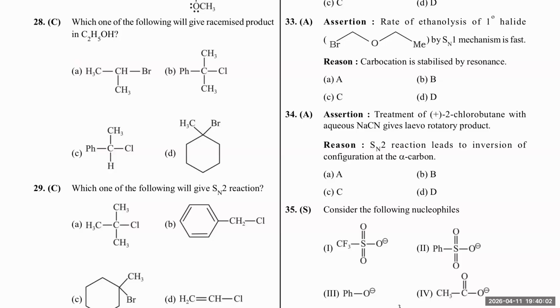So out of these four, which one has more stable carbocation nature? So see, this is at secondary position, this is at tertiary position, this is at secondary position, this is at tertiary position. Out of this, which one is more stable carbocation? B. So more the stable carbocation, more is the chances that the attack from top and from the bottom will happen, right? So that gives you racemic mixture.